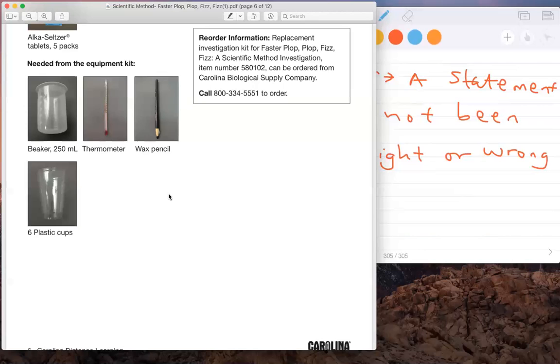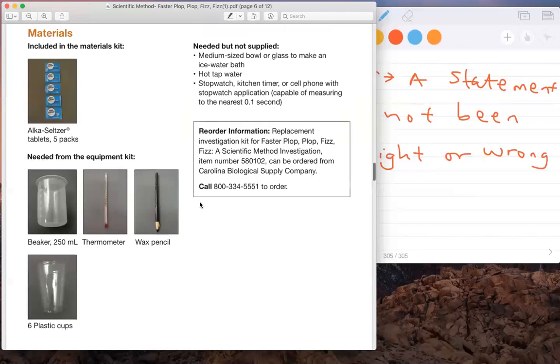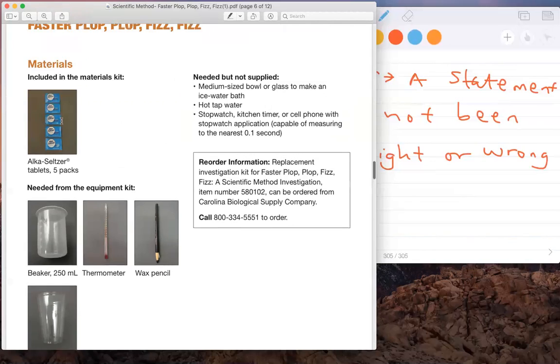I'm just going to demonstrate how you cut that into 2. It might not be easy the first time. So this is the Alka-Seltzer. If you use a whole tablet, it might take a long time to dissolve. So having it in half will take half the time.